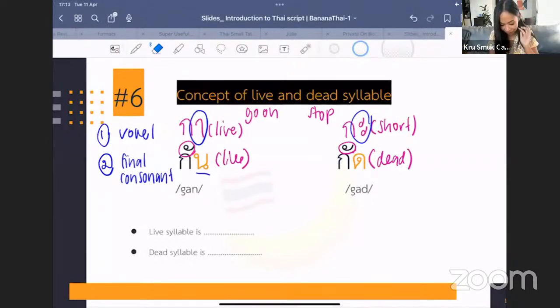Take a look here. Ga, flat tone. Ga, low tone. Gan, flat tone. Gat, low tone. Do you see this? Live and dead syllable.